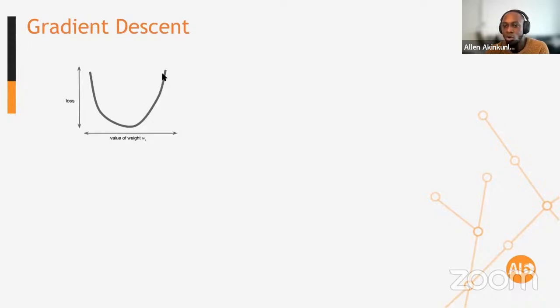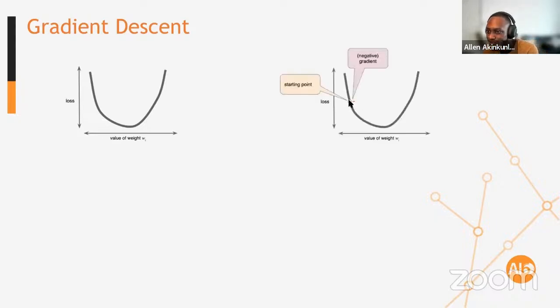So if you want to calculate a gradient at any point on this line, you draw a tangent line and calculate the gradient. The gradient will tell you, if you want to go up, which way you should go. Imagine we start from here.